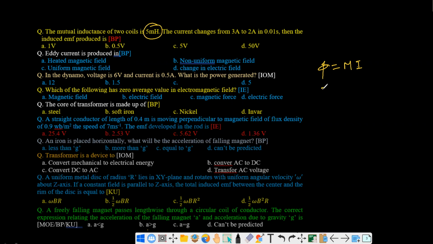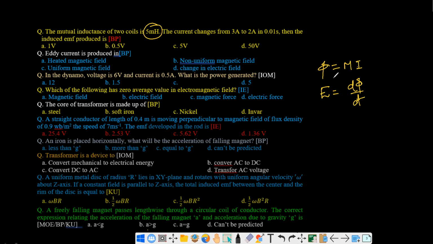If I wish to calculate EMF, EMF will be equal to d phi by dt. I can write it this way. So from here, solving d phi by dt, how can we obtain the value of the induced EMF?